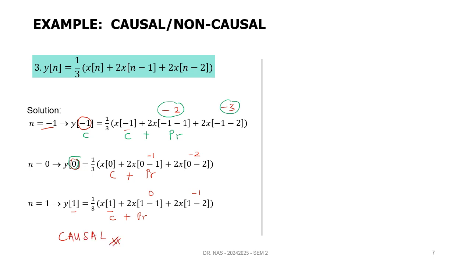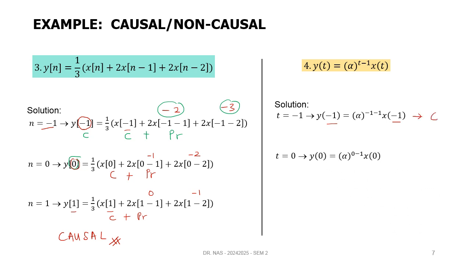Okay, look at another example given by this equation in a continuous time system. Again, try different t values. When t equal to -1, here is the current state -1, and your equation also has -1, so you got only the current state. Try t equal to 0.